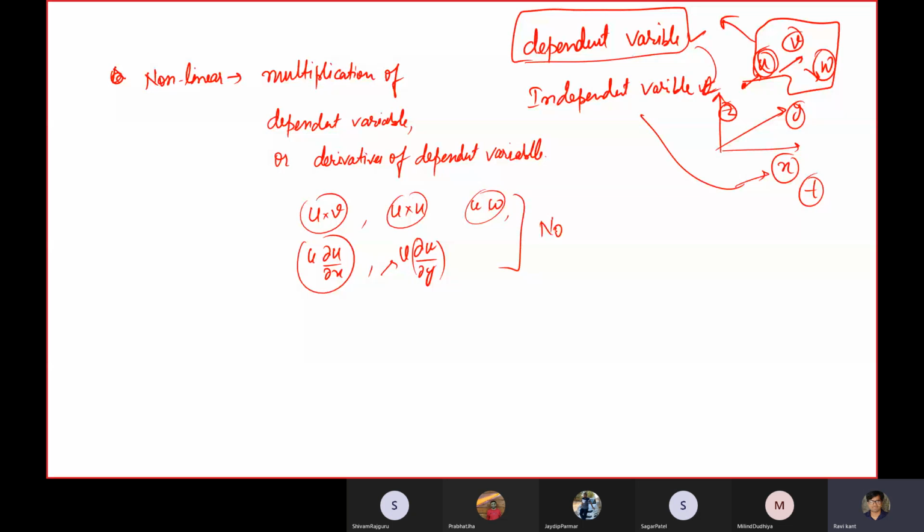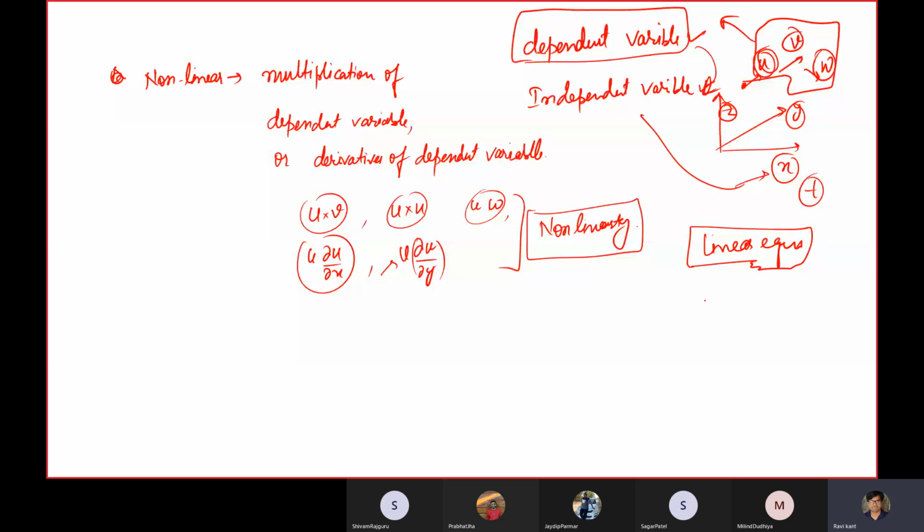Okay, so what is the physical meaning of non-linearity? Basically, that is what I want to tell. The difference between linear and non-linear equations is that in linear equations you may find several solutions, and the total solution can be the linear combination of all those solutions.